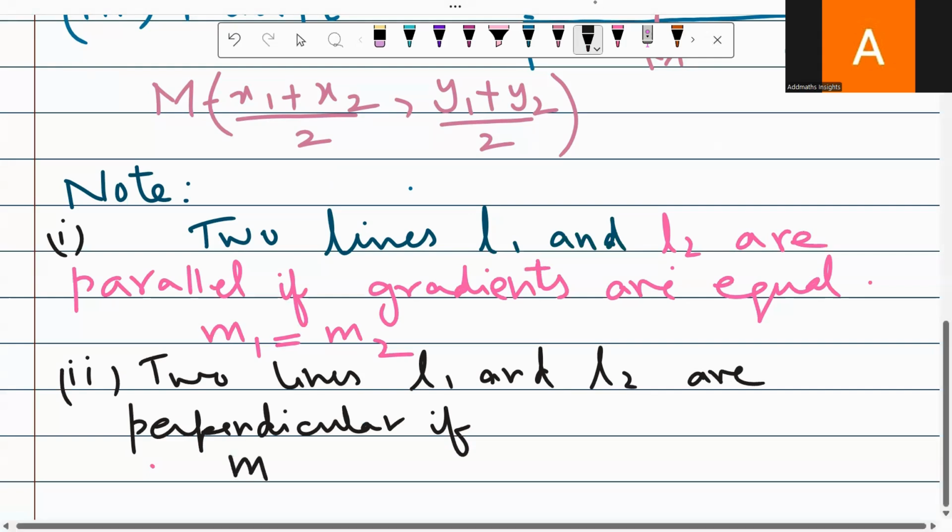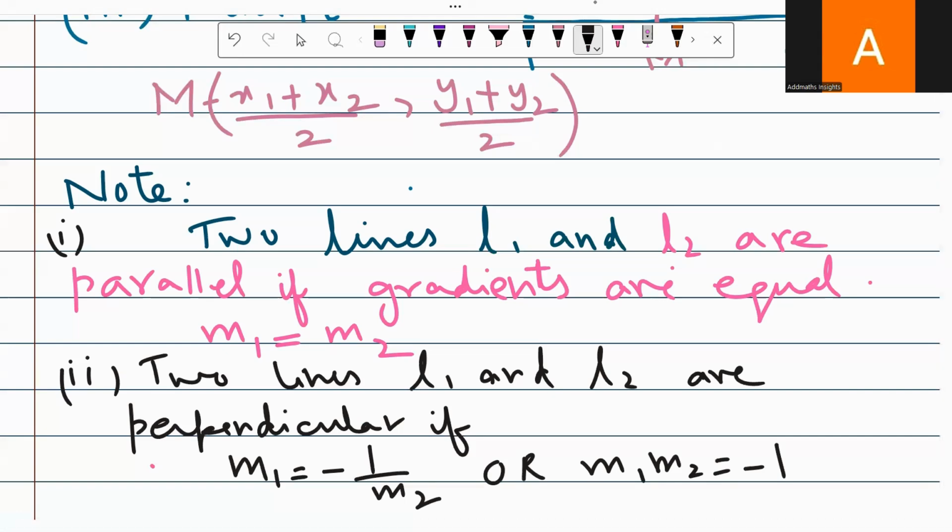Like M1 equals negative of 1 over M2, or M1 M2 equals minus 1. Means the product of their gradients is minus 1, then the lines are perpendicular.